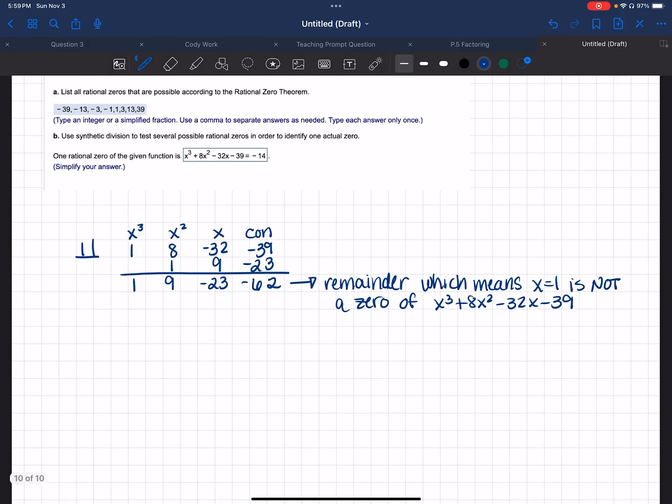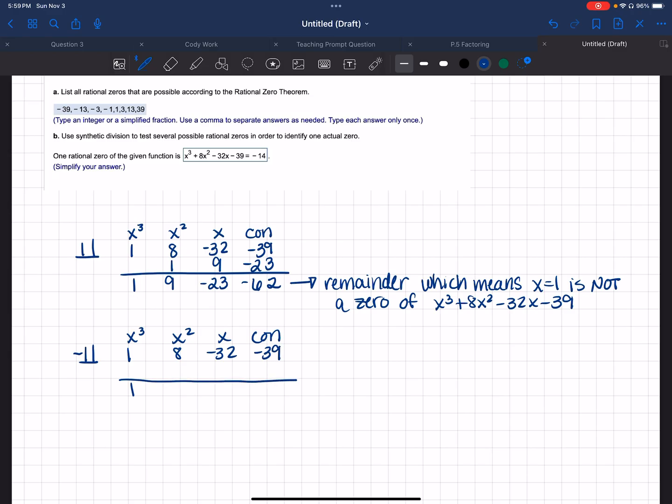Okay, so I'm going to try negative 1 this time because you said that was a possibility when we listed that. Okay, so I've got negative 1. I'm going to write my x cubed, my x squared, my x, and my constant again. I've got 1, 8, negative 32, negative 39.